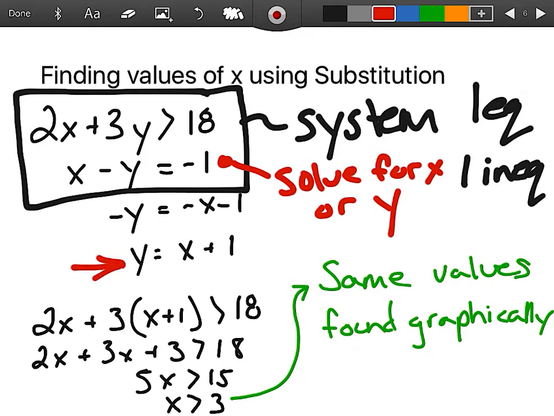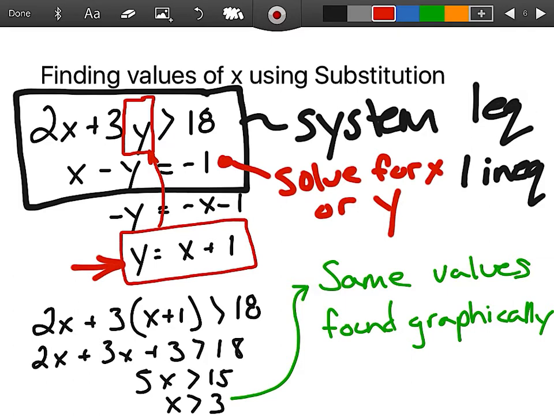So I manipulate it so that y is equal to x plus 1. And then I take this value of y and substitute it into my other equation, this y right here. I put that value there, which looks like this.